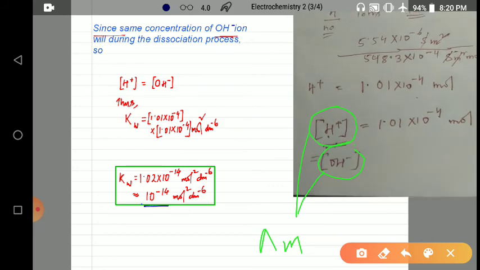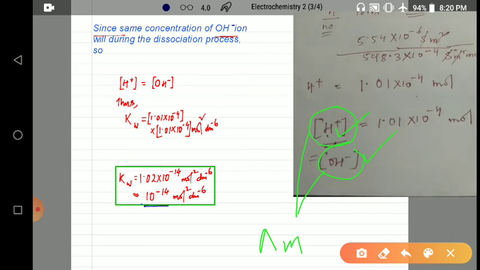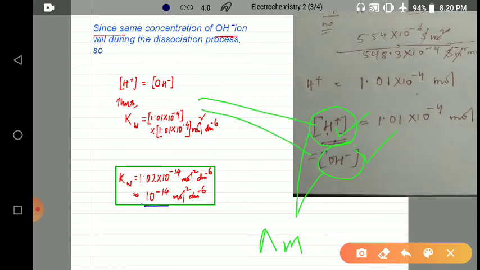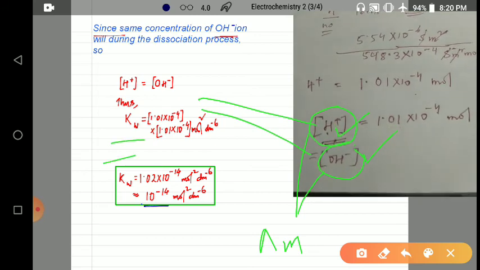By using that value we can calculate the concentration of these two ions, put the value in this equation, and calculate the value of Kw. Hope you understand these two applications.